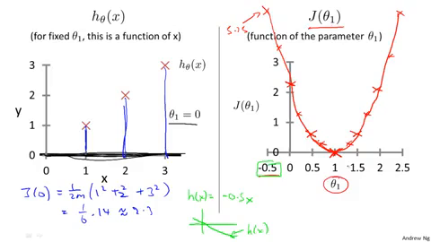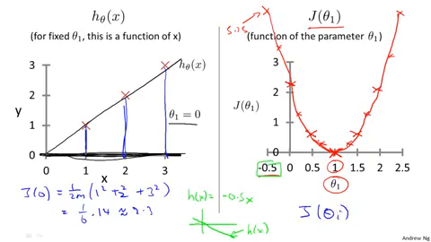To recap, each value of theta 1 corresponds to a different hypothesis, or to a different straight line fit on the left. And for each value of theta 1, we could then derive a different value of J of theta 1.